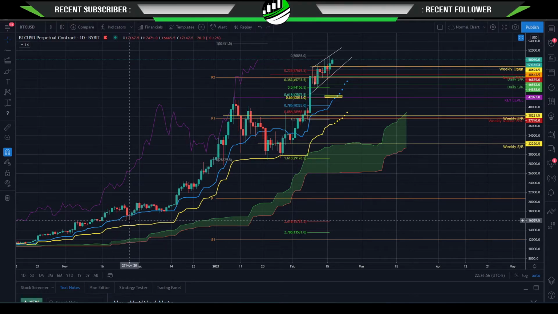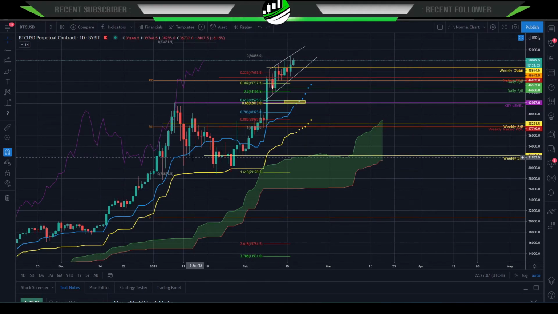If you had bought here, you got your big move up, there's a wick down, another Tenkan retest here. Here it gets a little messy, but even if you're buying these for short-term trades, more often than not, you probably did pretty well.